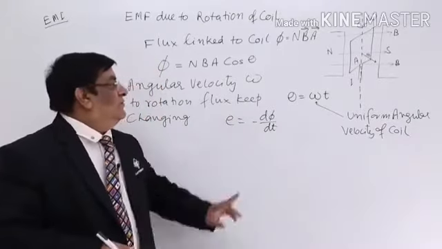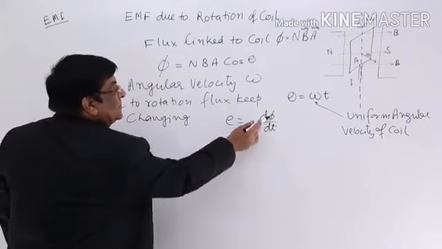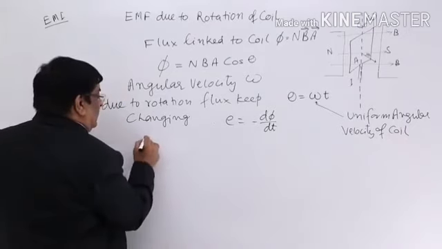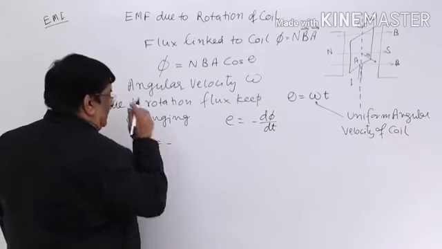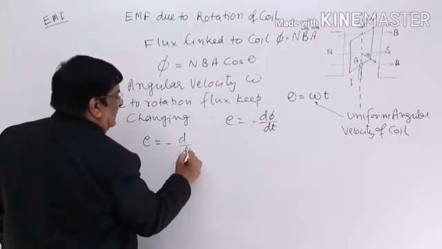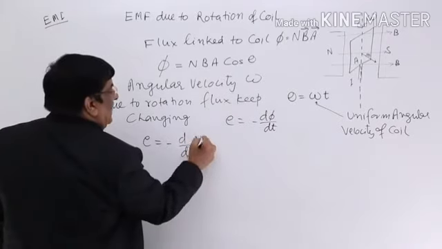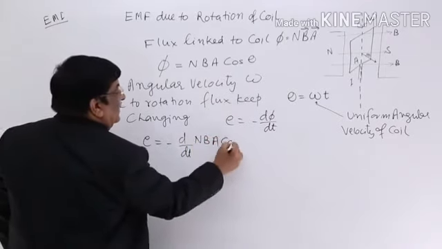E is equal to minus d phi by dt. This is differentiation with respect to time of the phi. So E is equal to minus d by dt of phi, differentiation with respect to time of phi, and phi is this, NBA cos.